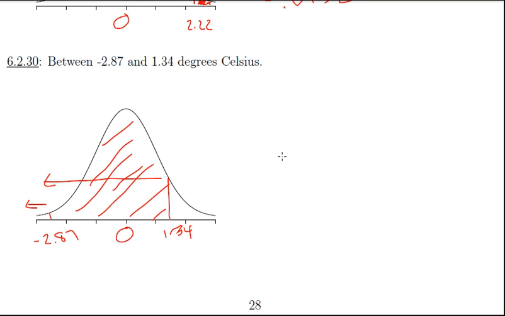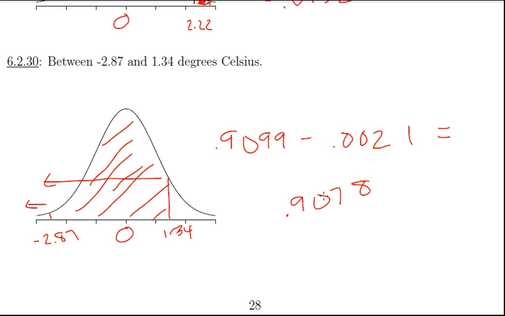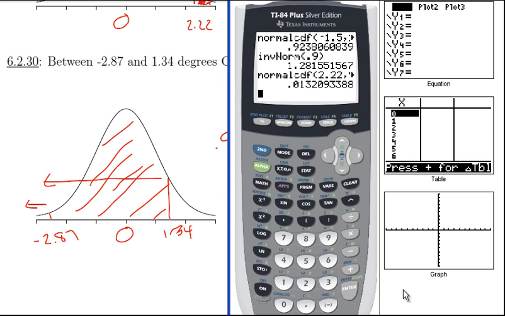Okay, so I come back here and I subtract 0.9099 minus 0.0021. And that gives me 0.9078. And that's my answer. Now I can do that on the calculator as well.